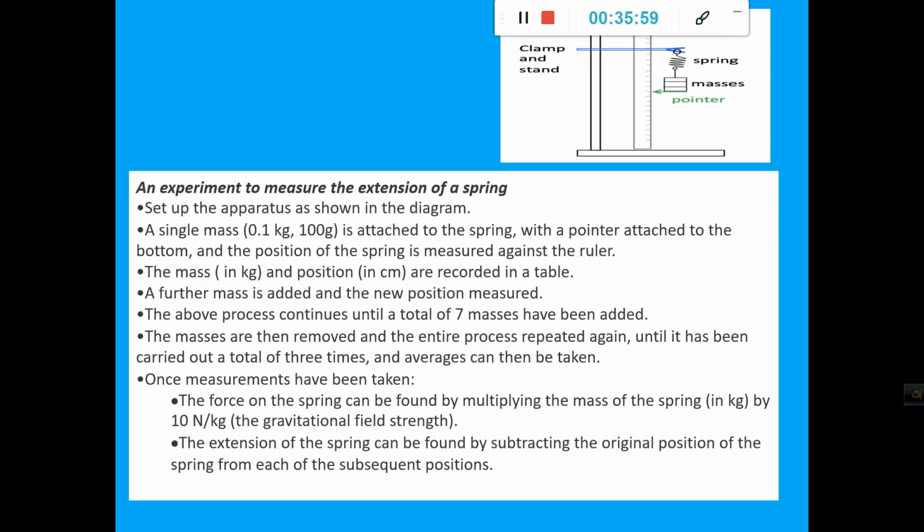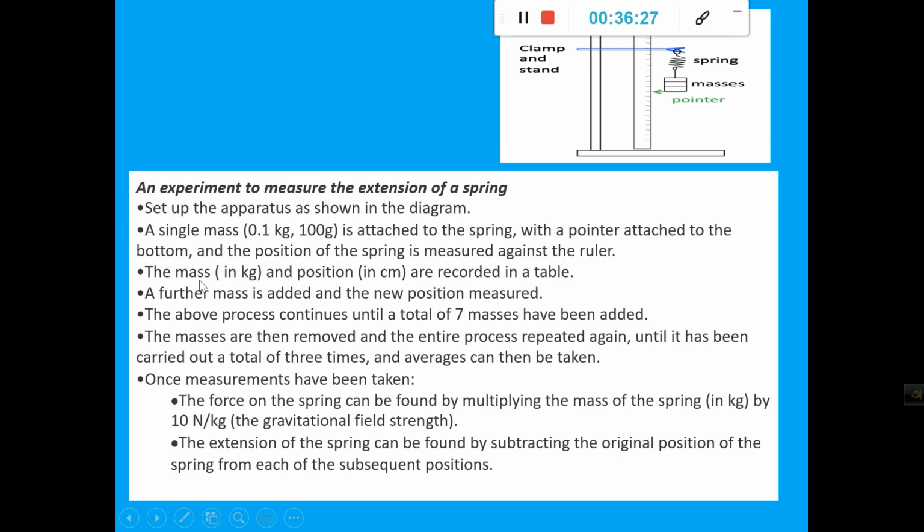So look at this experiment, an experiment to measure the extension of a spring. Set up the apparatus as shown in the diagram. A single mass of 0.1 kg, that means 100 gram, is attached to the spring with the pointer attached to the bottom, and the position of the spring is measured against the ruler.